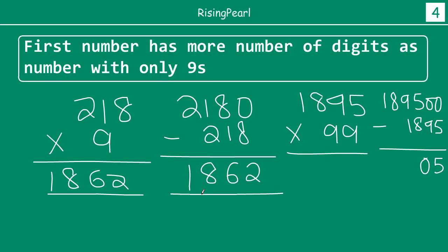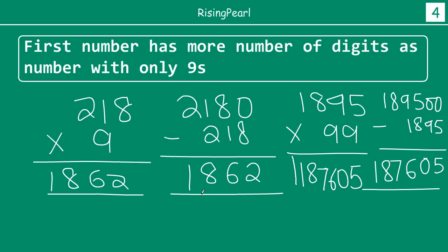And then this is 4, so 1 becomes 14. This will be 6. 9 becomes 8. This will be 7, 1, 8. So this will be the answer, which is 187605. So this is the product when we multiply these two numbers.